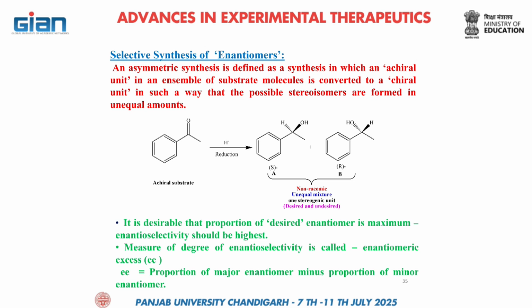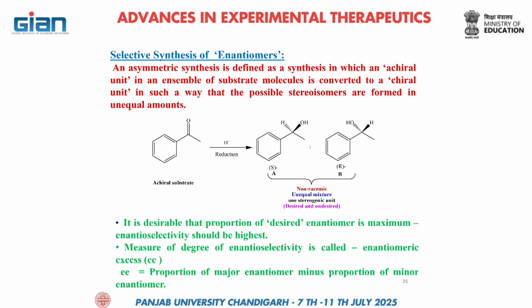This is the possibility which we can execute. But if we close either of the doors, the backward one or the front one, then what is the possibility? Only from one side. So what is asymmetric synthesis?